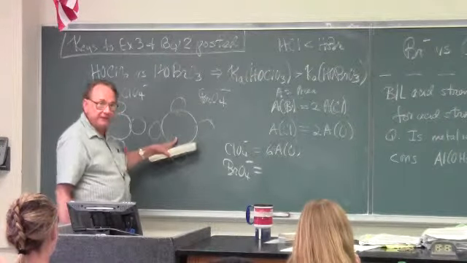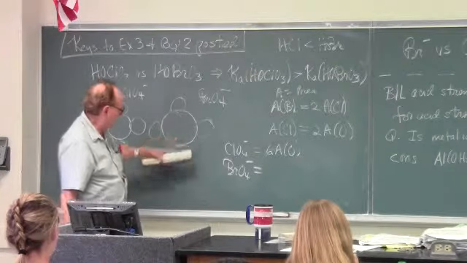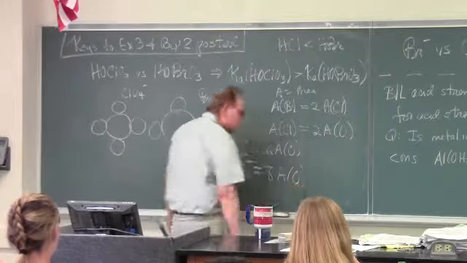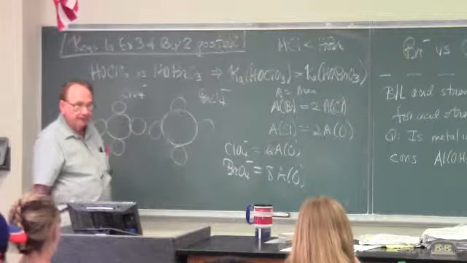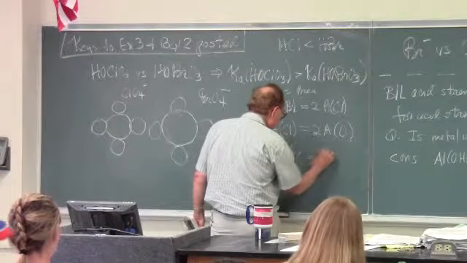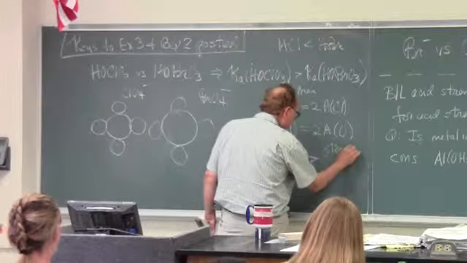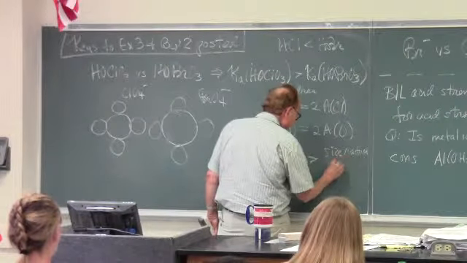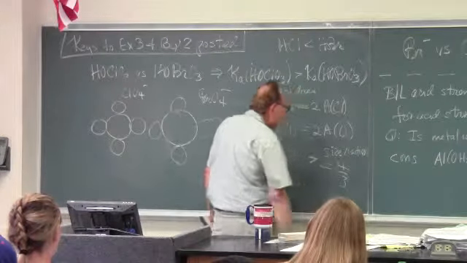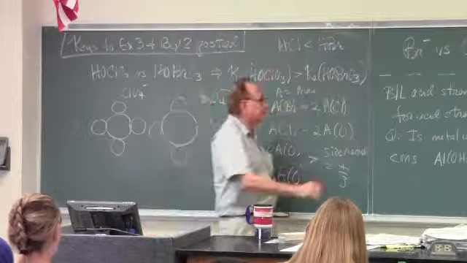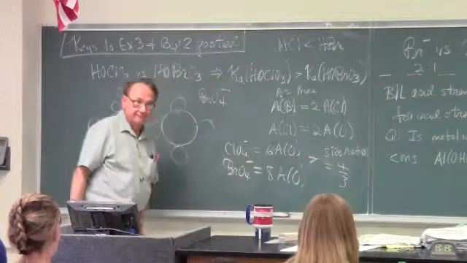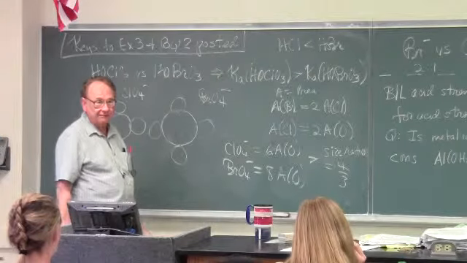And the bromine counts as how many oxygens? 4. What's the ratio now? 8 to 6, 4 to 3. Whereas here, 2 to 1. Not much difference in size now.